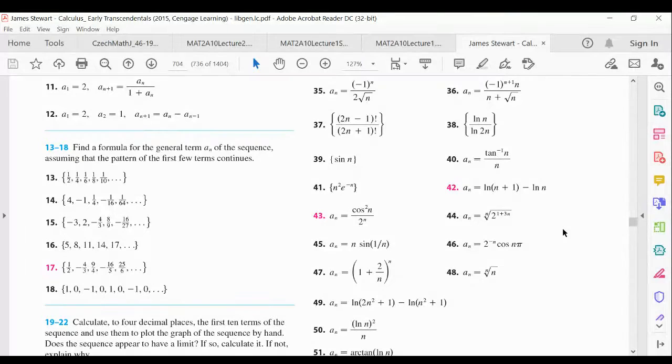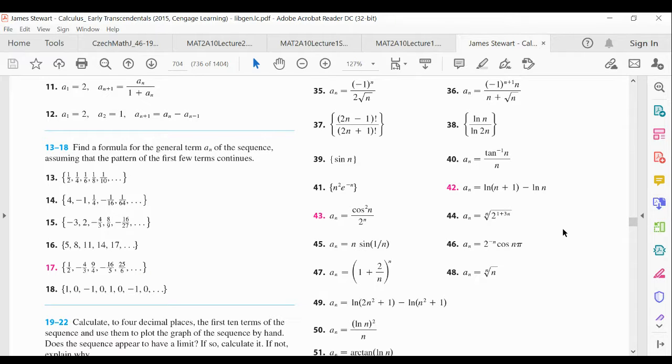So you could say that an is equal to bn times cn, where bn is equal to n and cn is sine of 1 over n. Now, that bn is not a convergent sequence. bn is 1, 2, 3, 4, and so on. It gets larger. It doesn't converge to anything.